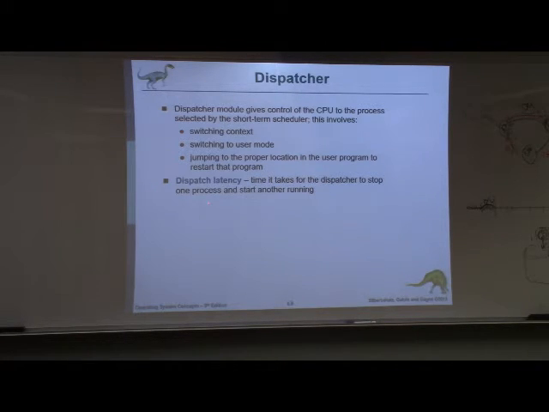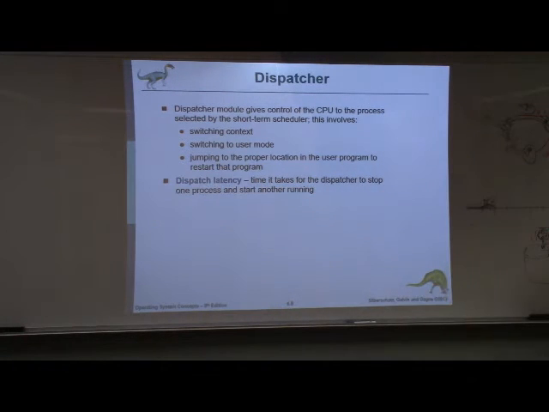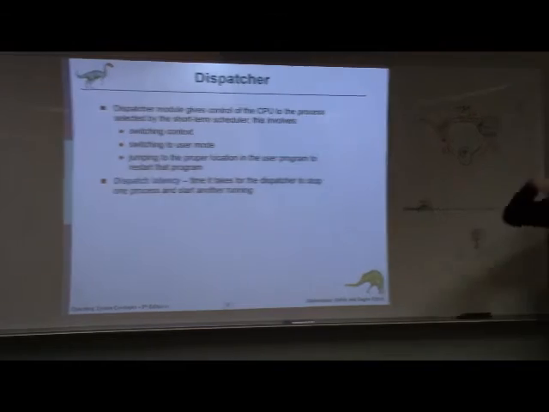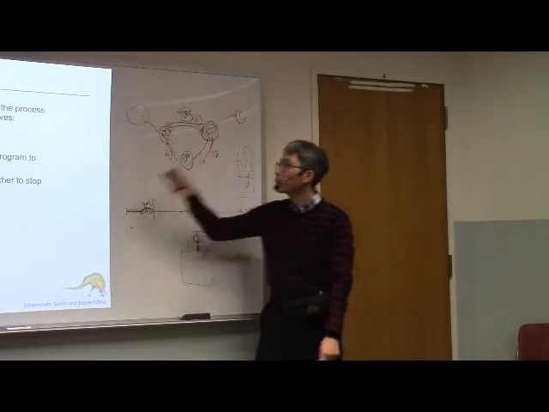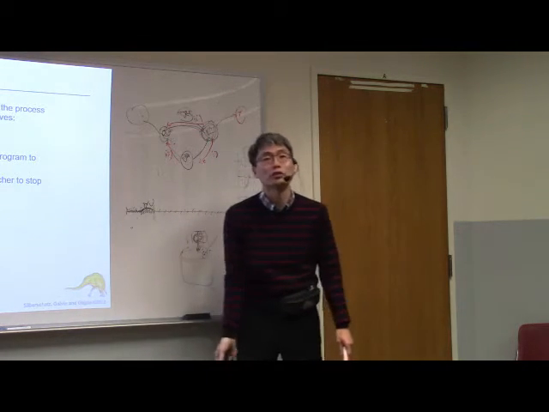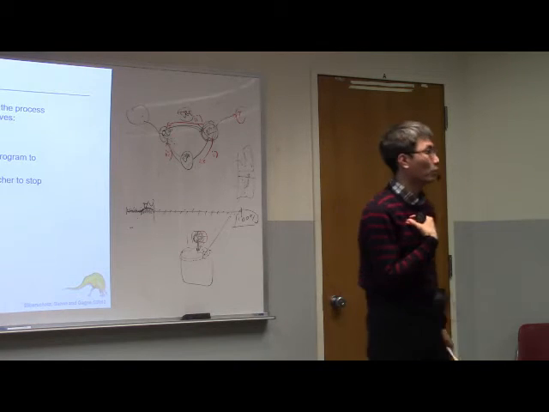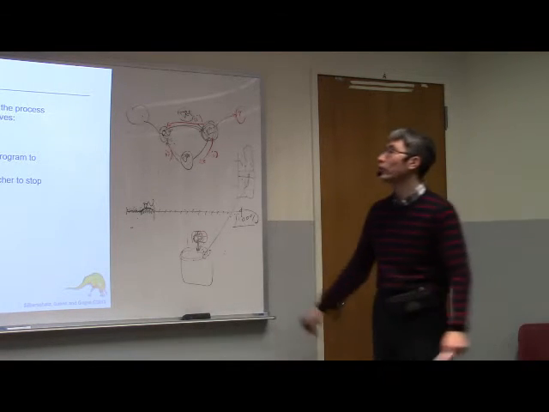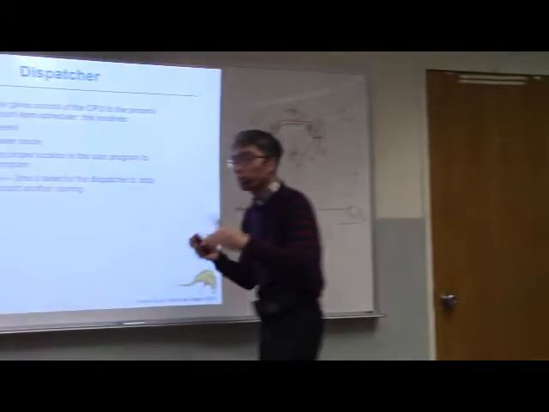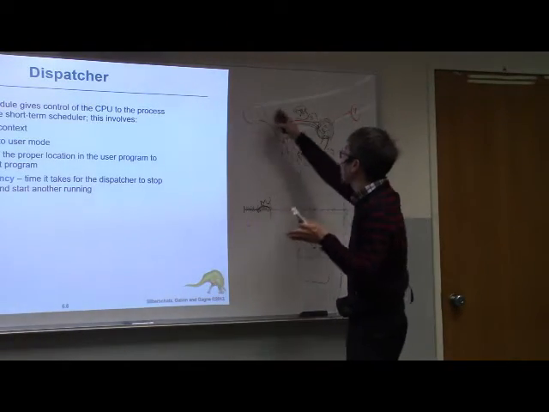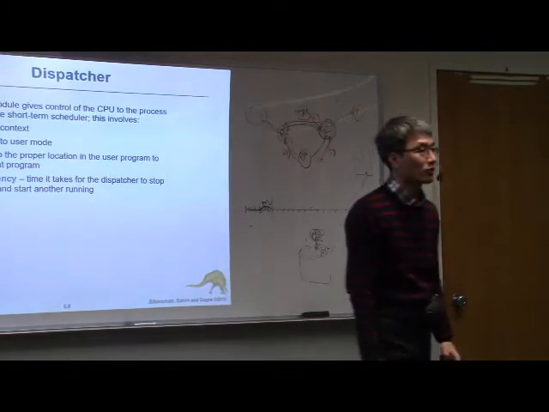However, it is true that even though you have the perfect CPU scheduling algorithm, it will take time to select the next process, right? And there might be time during the context switch because the context switch needs input and output. I/O is required, so it takes time. That duration of time between one process and the next process is called the dispatch latency.